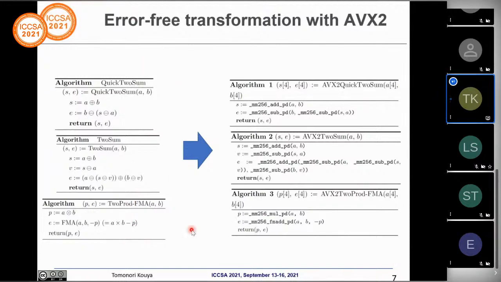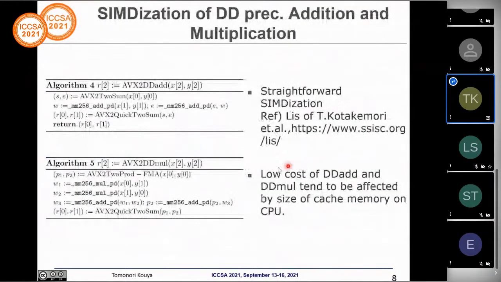This error-free transformation can be transformed to a SIMD version of error-free transformation by straightforward transformation. On this SIMD error-free transformation, we can build double-double operations, addition and multiplication, like this. This double-double addition and multiplication are the same as the techniques in this library.